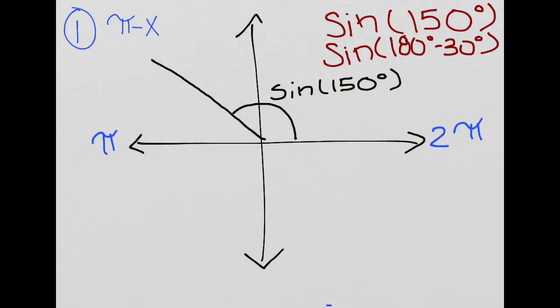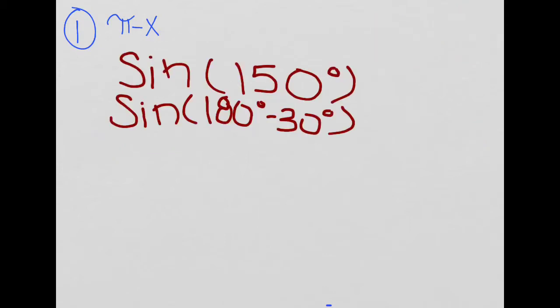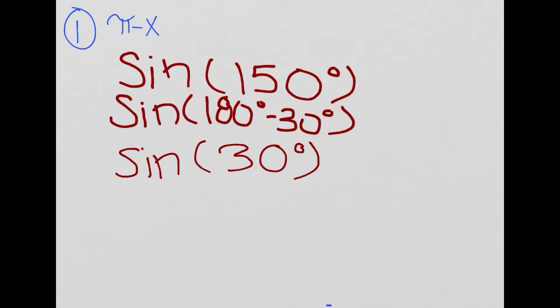So 180 degrees, which is equal to pi, minus an acute angle, 30 degrees, is equal to 150 degrees. But we're not quite done yet. Now we can rewrite it as sine 30 degrees, and that would be the related acute angle.